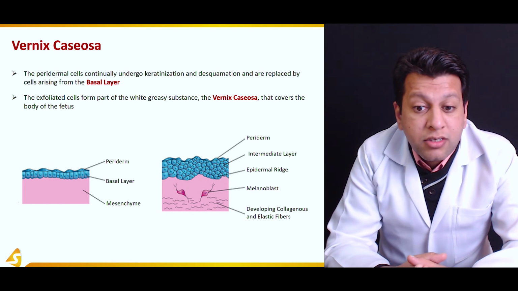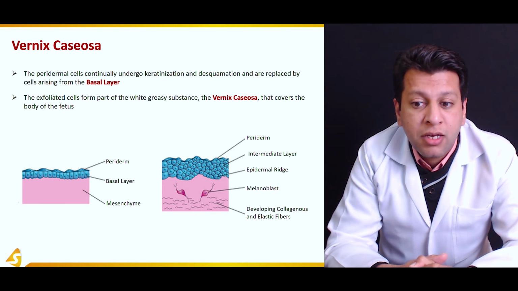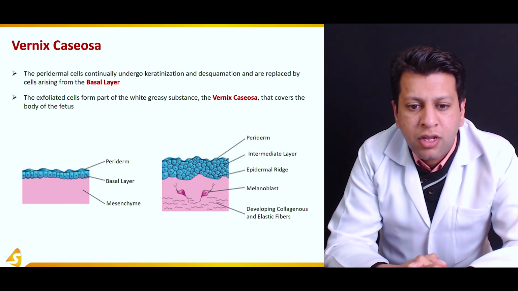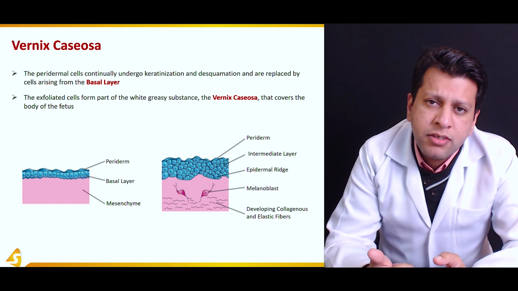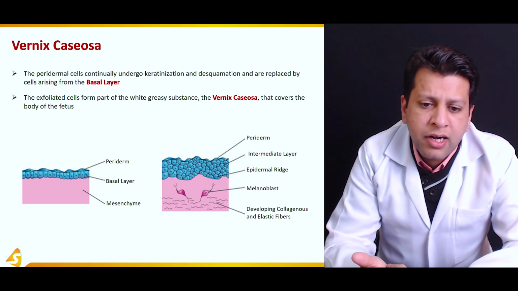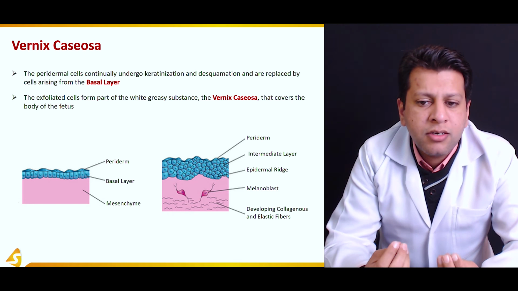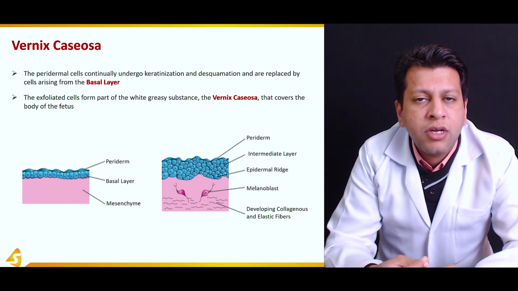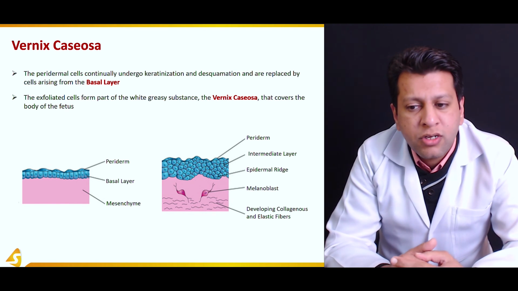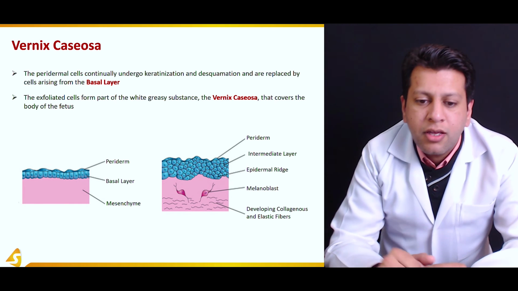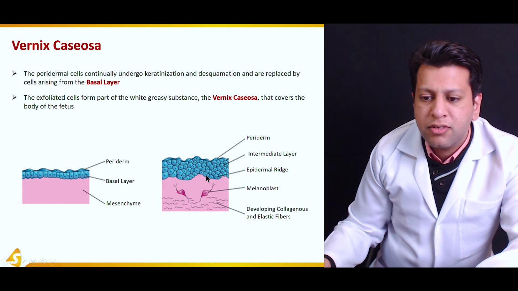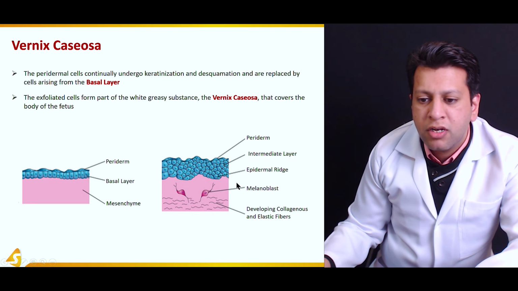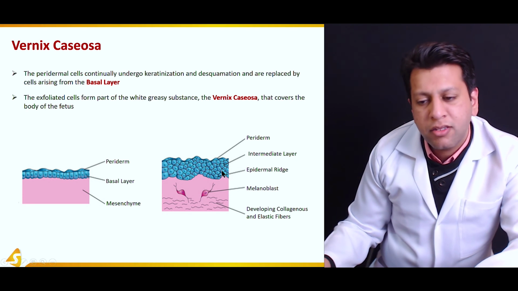The exfoliated cells form part of the white greasy substance called vernix caseosa that covers the body of the fetus. In adults, you have sebaceous glands and sweat glands, but in the fetus, there is this greasy substance covering the body, called vernix caseosa. In the diagrams, you can appreciate this is the epidermis which is continuously dividing, although they marked the epidermal ridge as well, and I will be discussing that in the next slides.